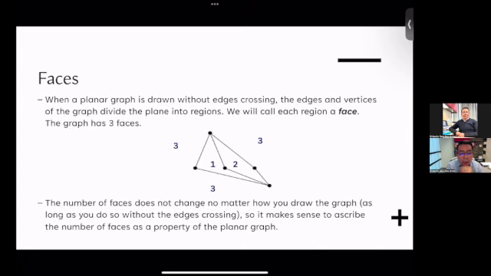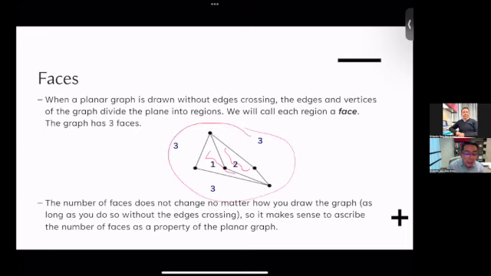And what I was mentioning is that once we have a planar graph, we can divide the regions on the plane into faces. So for instance, this graph that we just showed has 3 different faces. One of them, of course, is here inside, the other one is this one, and the rest is the third.